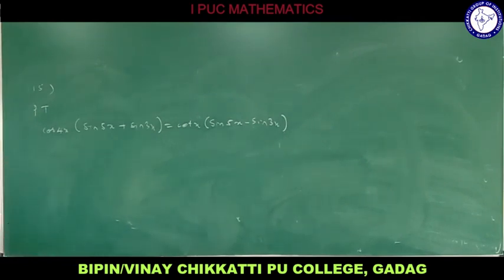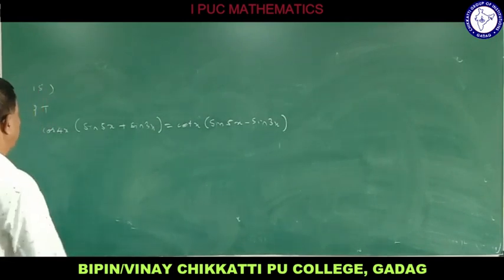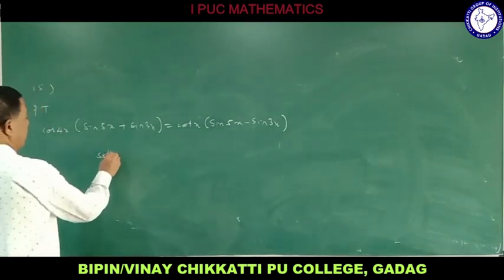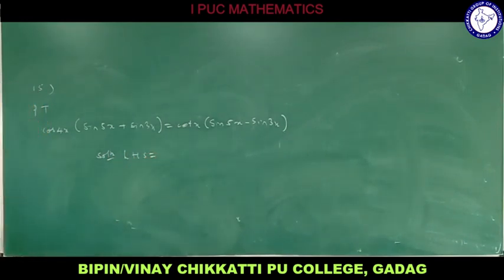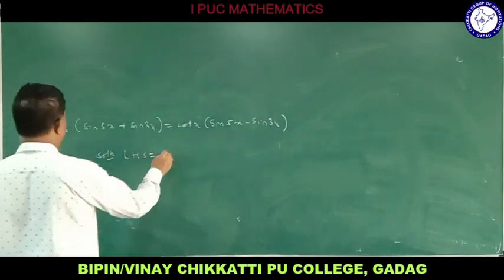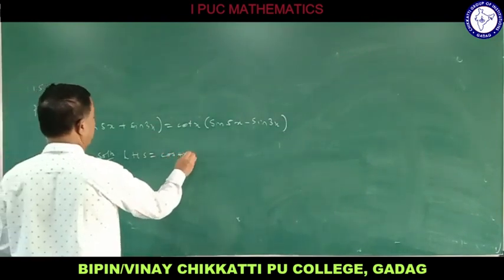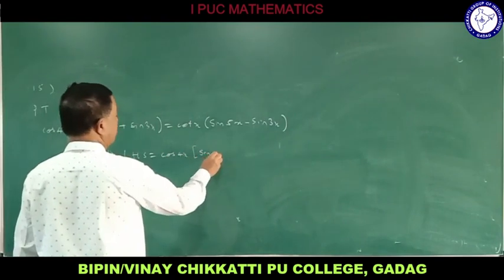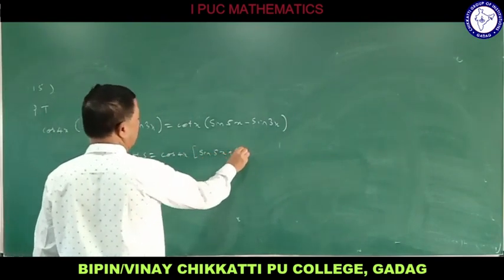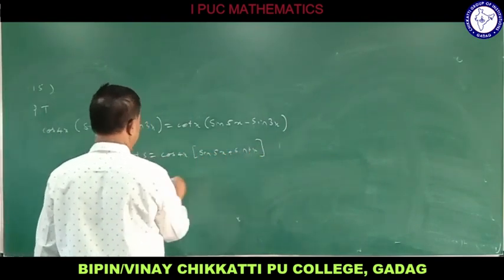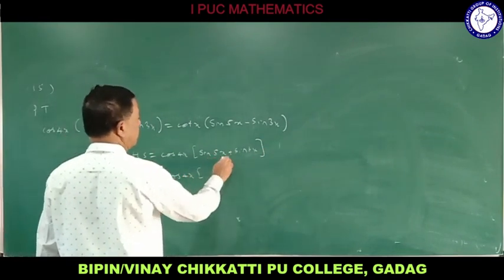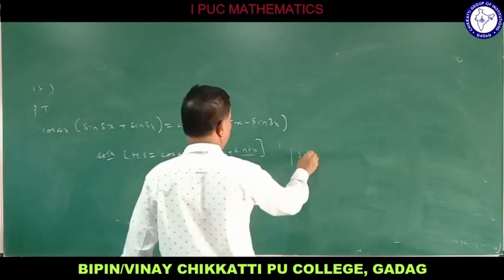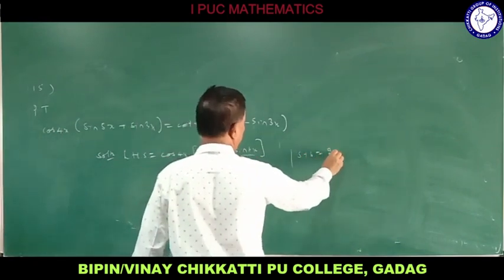If things are to be proved, you go for taking LHS. LHS is cos 4x into bracket sin 5x + sin 3x. Let us apply the property. My formula is sin C + sin D, which is 2 sin cos.